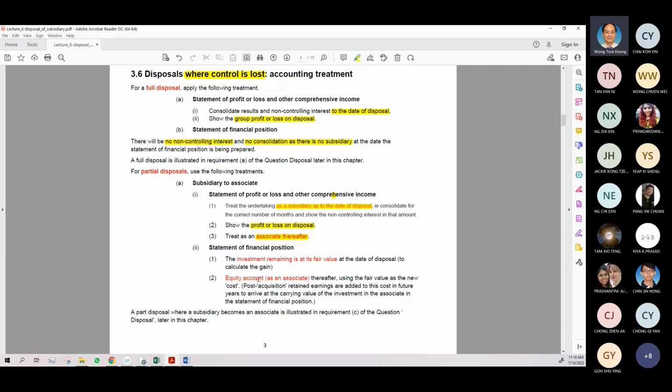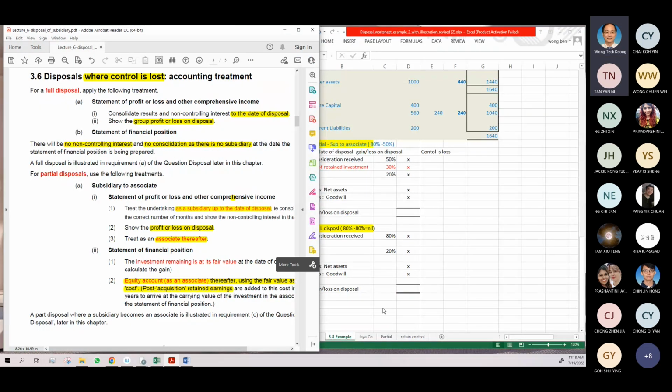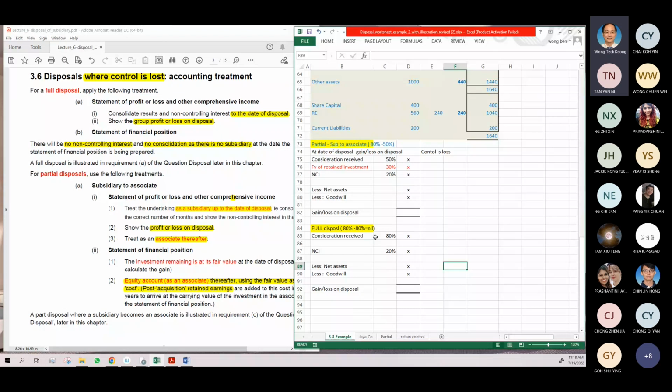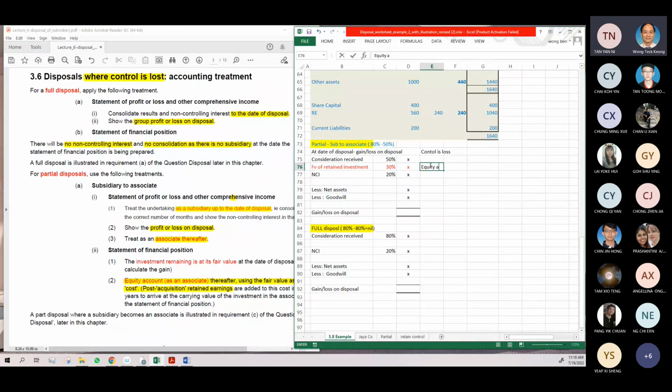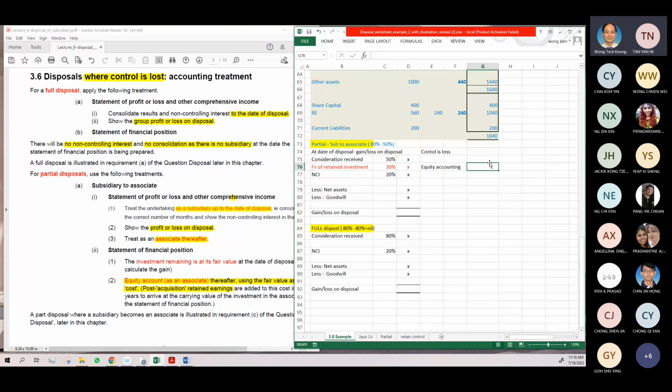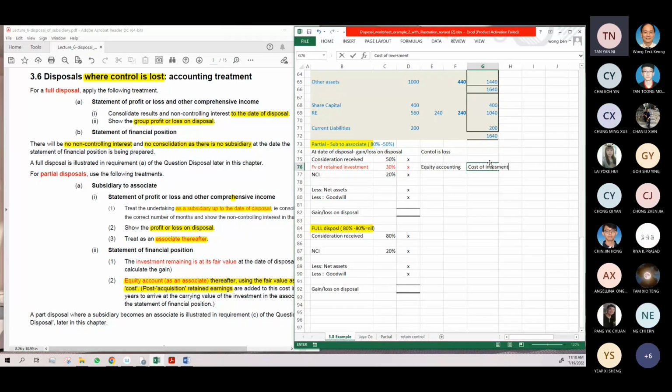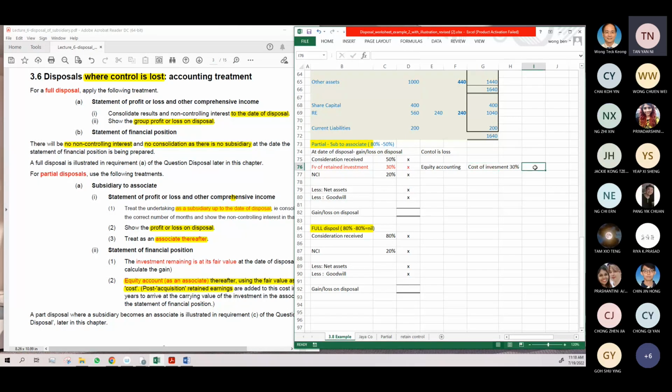So for an associate, you must do equity accounting, share the post-acquisition retained earnings. That's why you need to know the basics. So here, you remain 30%, so you have to do equity accounting. Separately, you have the cost of investments, 30%, how much?